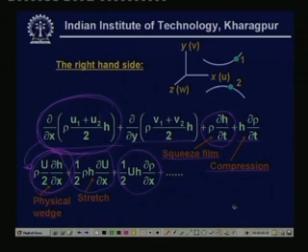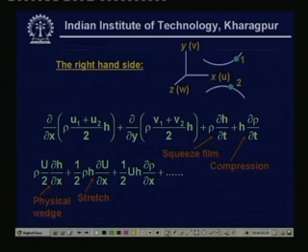This is the term we are considering in the present case of the journal bearing, whereas the other terms are also applicable in some other applications.